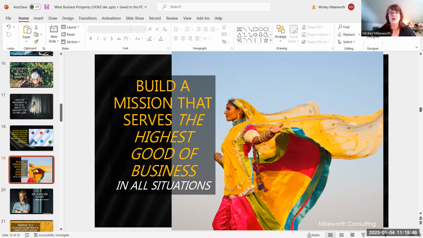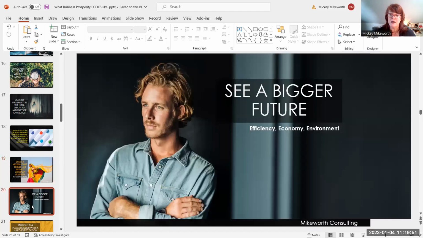But a mission is something that serves the highest good of the business. And in order to do that, you have to see a bigger future. And that bigger future inside the business construct model of prosperity business, right?